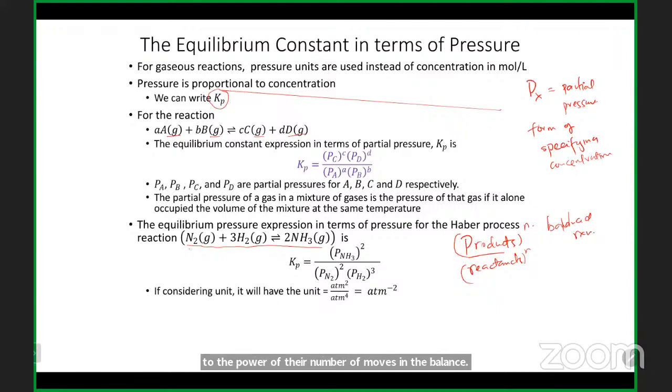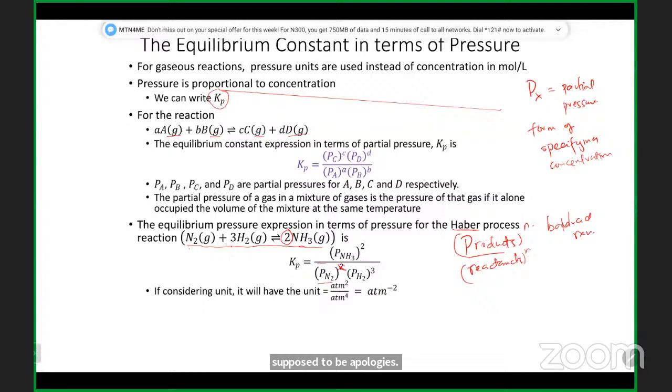Consider N2 plus H2, the process used to produce ammonia. You have the partial pressure of NH3 raised to power 2, that's the only thing in the product, divided by the partial pressure of nitrogen times the partial pressure of hydrogen raised to power 3. Please cancel the extra part from your slides, apologies.